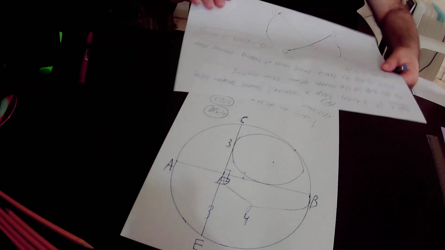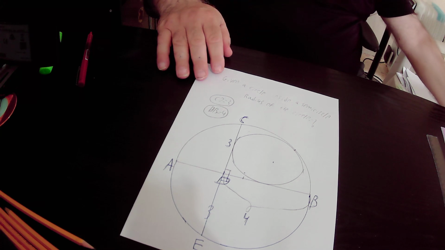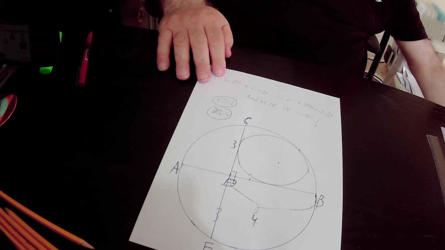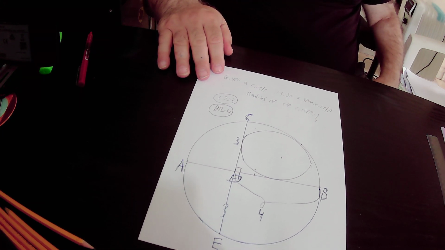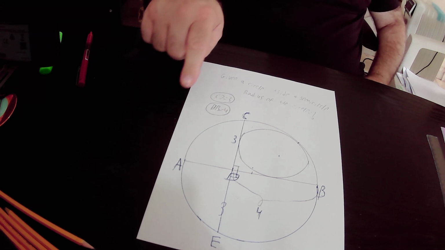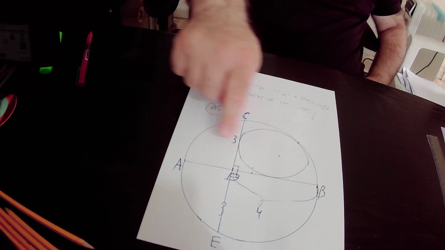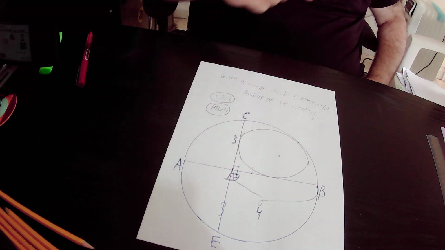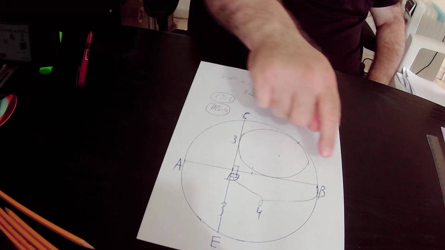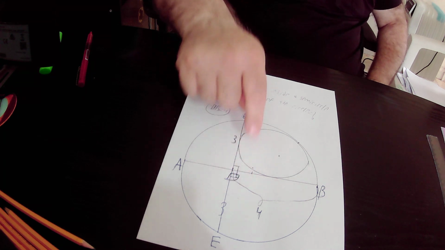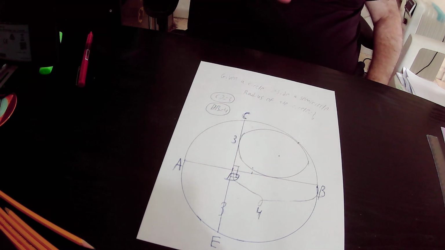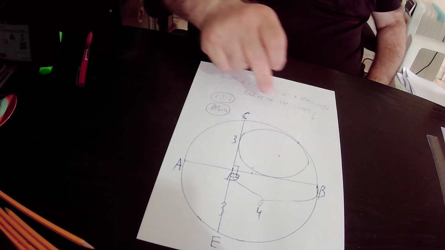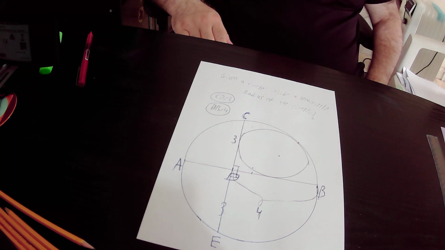And actually, we can apply rule number 1 in our drawing, because in our drawing we have chord AB. This is chord AB that intersects with chord CE at point D. Point D is the intersection point of chord AB with chord CE. So I write it down.